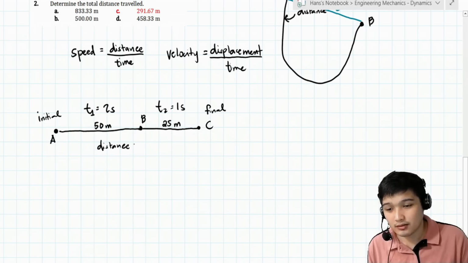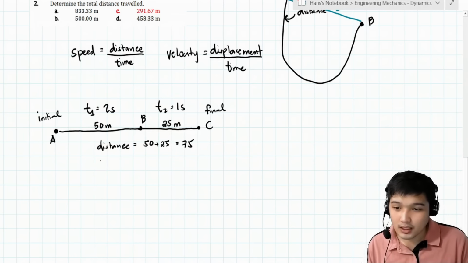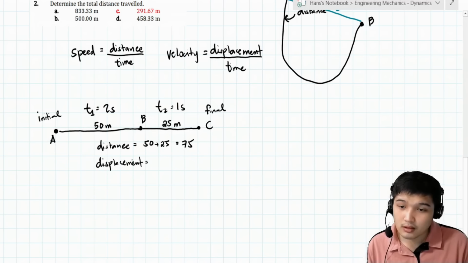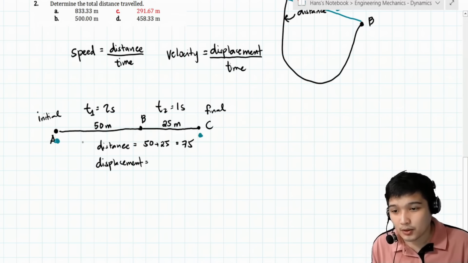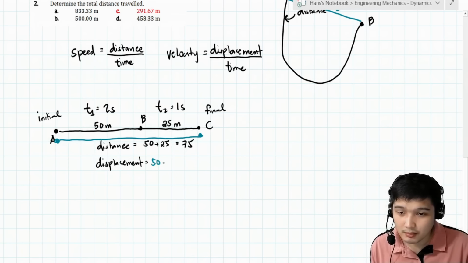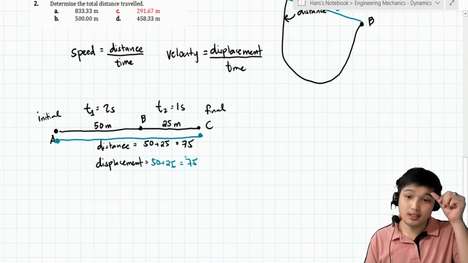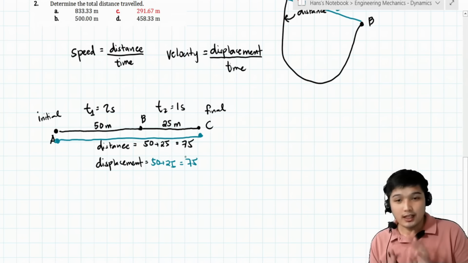Yung distance dyan is actually 50 plus 25, which is 75. Pag tinanong kita, what is the displacement? So, connect natin yung initial saka yung final point using a straight line. In that case, this one is still 50 plus 25, so 75. So in this case, magiging parehas yung value na ibibigay kapag tinanong is speed and kapag tinanong is velocity. Okay? So yan yung isang case na magiging parehas.